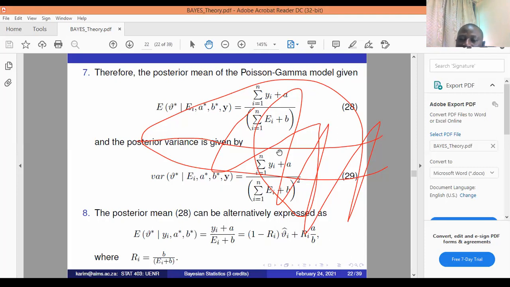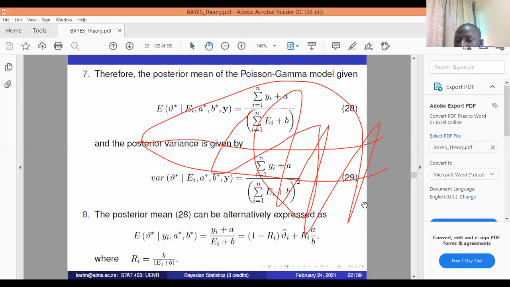Look at what he has drawn on the slides. These students are very funny.